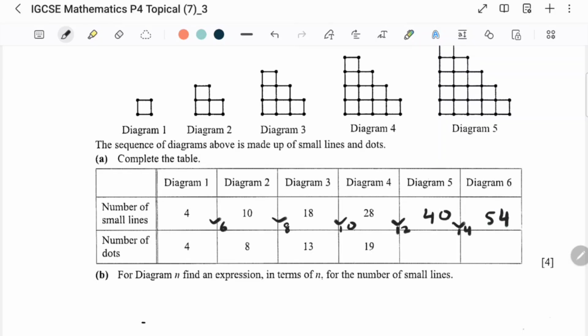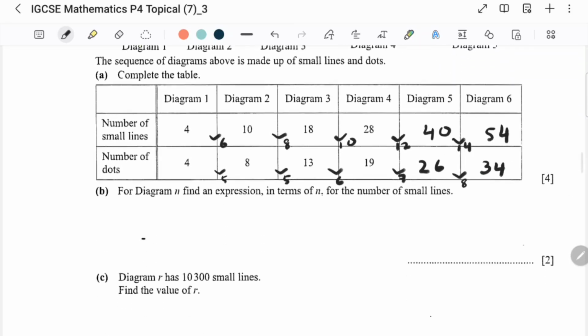Now for the next sequence, 4, 8, 13, 19, 26 you will be writing down, because here you are adding 4, 5, and then 6, and then 7, and then you can add 8 to get 34.